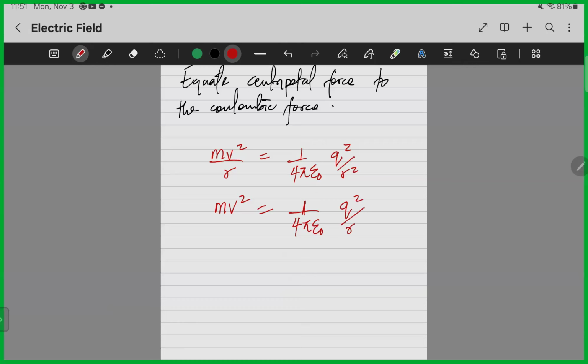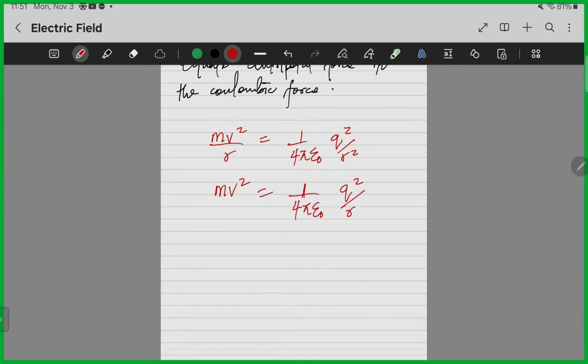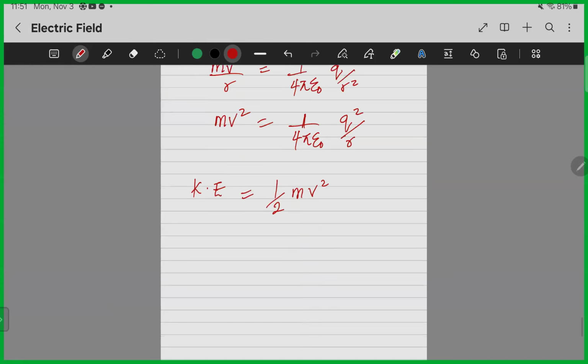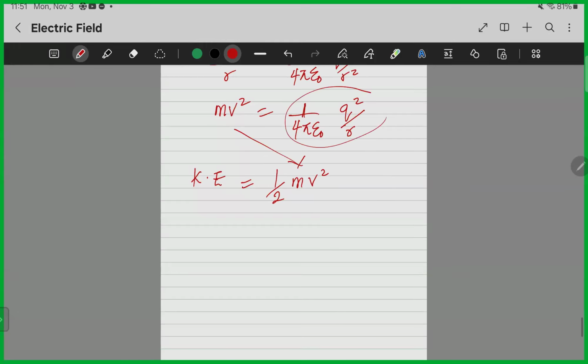So what does that give me? When I now consider kinetic energy, I know that kinetic energy is half mv square. I can now plug in mv square here, this is the value now.